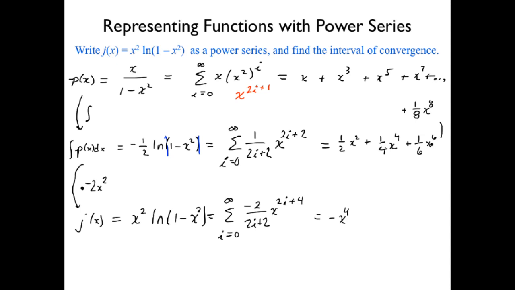So times negative 2, we'll make these all negative. Half as much and add 2 to the exponent, right? So minus 1/2 x to the 6th, minus 1/3 x to the 8th, minus 1/4 x to the 10th, etc. And then we ought to check those, right?